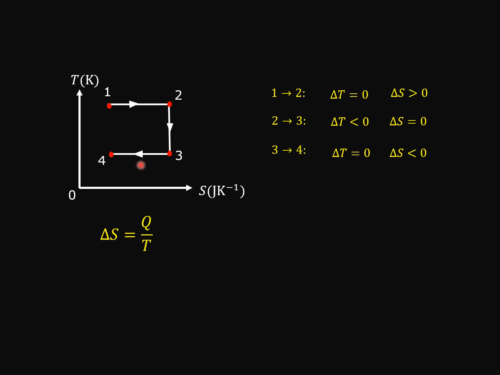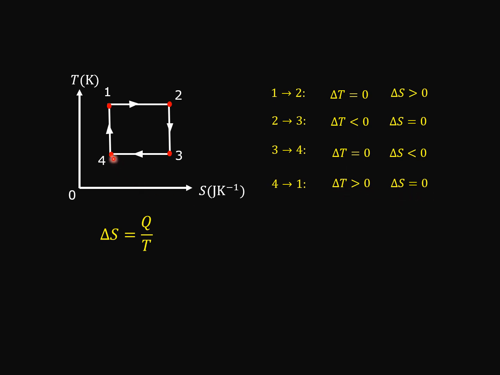For state 3 to state 4, it happens at constant temperature and the entropy is dropped. Therefore, we should draw a line that extends to the left. In the process of state 4 to state 1, the temperature increases whilst the entropy is constant.